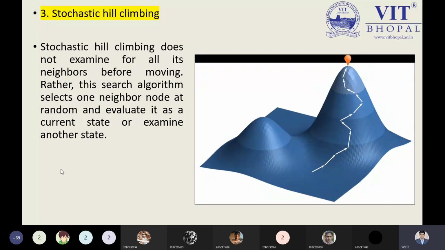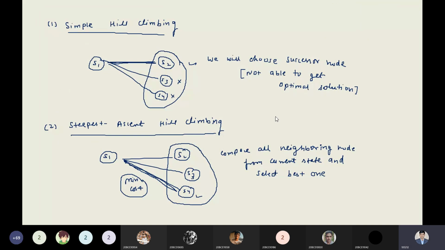Yes, okay. So everything is written in front of you. So how can we see the stochastic hill climbing? I can explain like this.